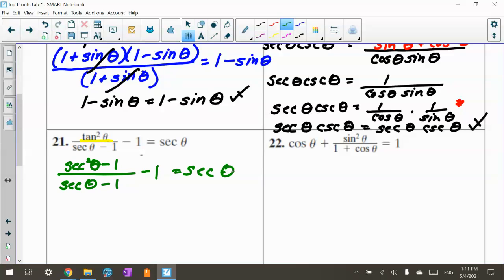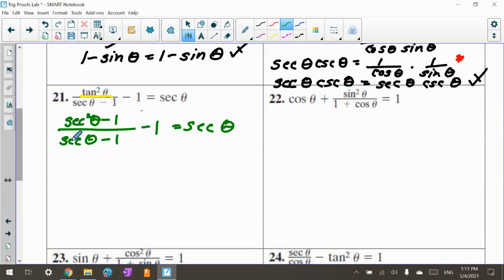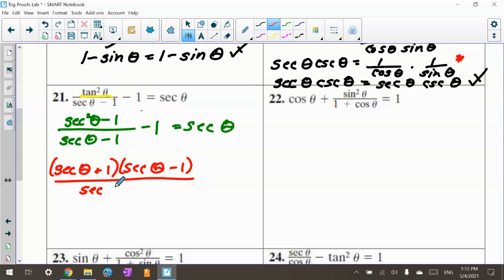Now, again, anything with squares, I look at it and say, oh, that's a perfect square, that's a perfect square, and it's a difference of two perfect squares. So I can write that as secant theta plus 1, secant of theta minus 1. So I just factored that all over secant of theta minus 1, which is nice. Bring down the minus 1 equals secant of theta.